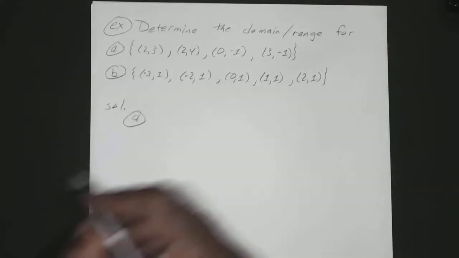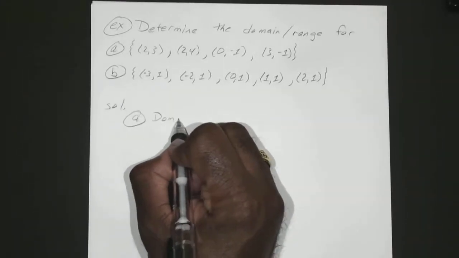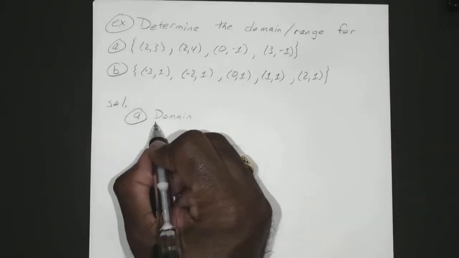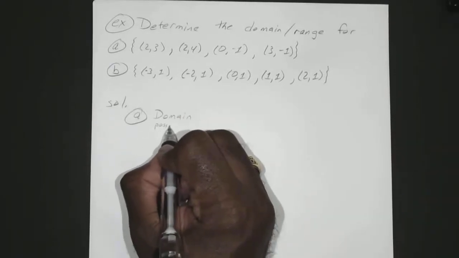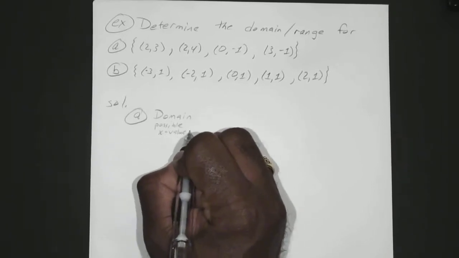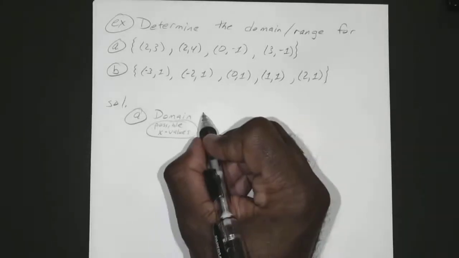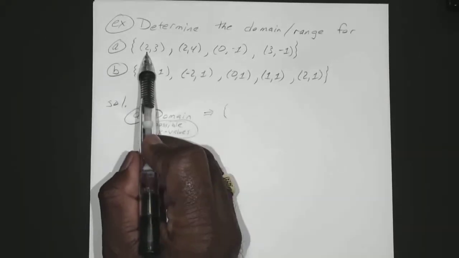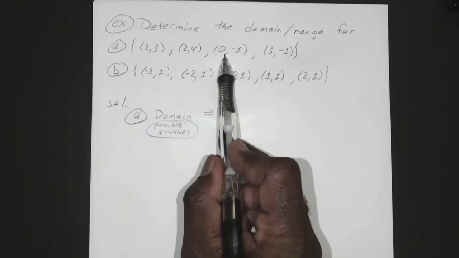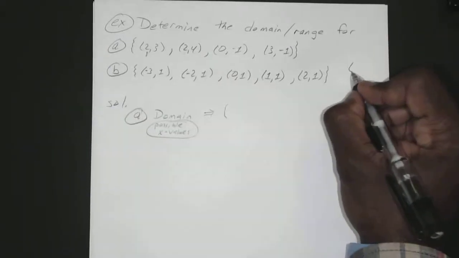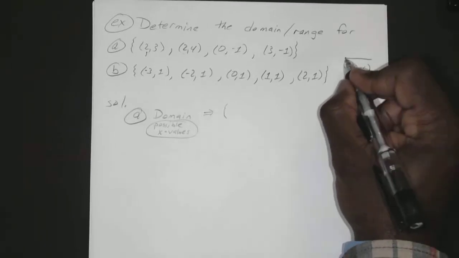So for problem A, if we wanted to look at our domain, remember that's just all possible x values. Then that's just going to be 2, 2 again, 0, and 3 for all of your x values, because remember, it's in the form of x comma y.